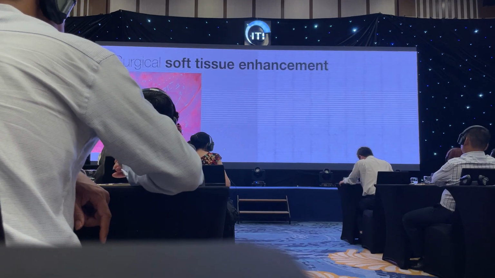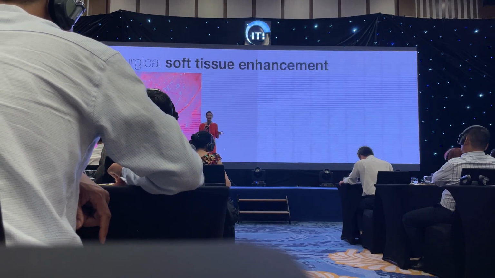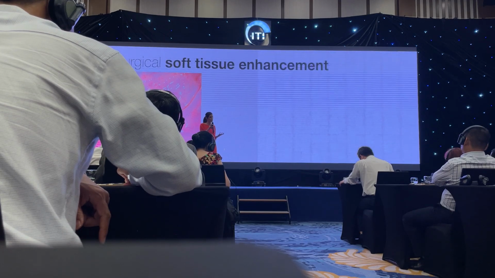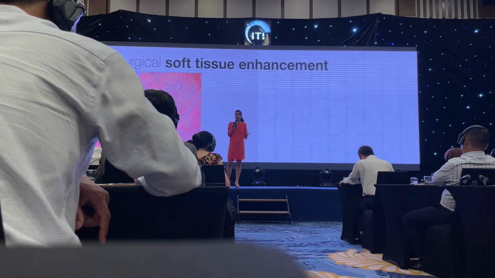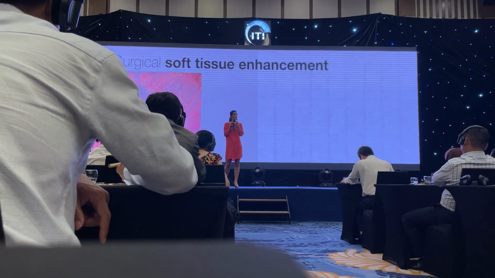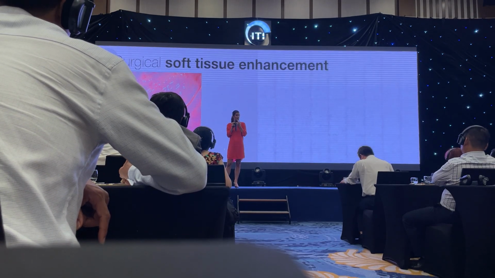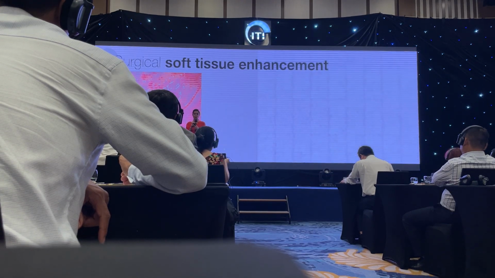And we need to think of that not only for the very complex aesthetic cases, but also sometimes for the simple cases. This is a case of an edentulous patient. The treatment plan here is just to place 2 implants to retain a removable denture, but as you see, this is not so favorable.